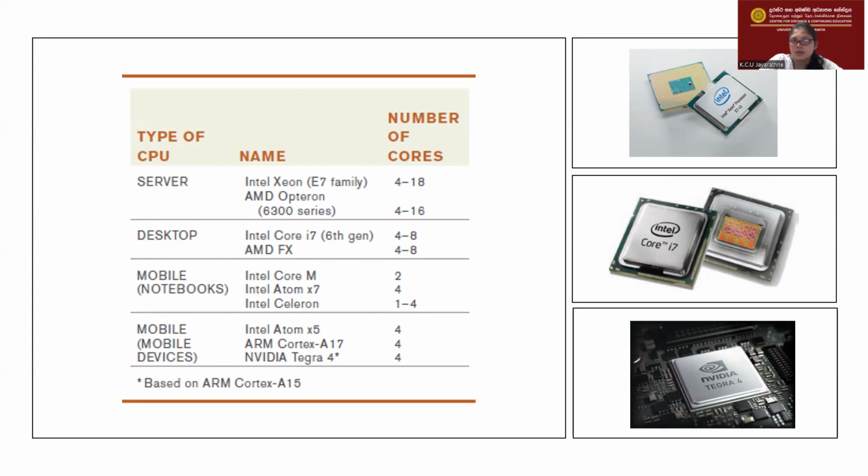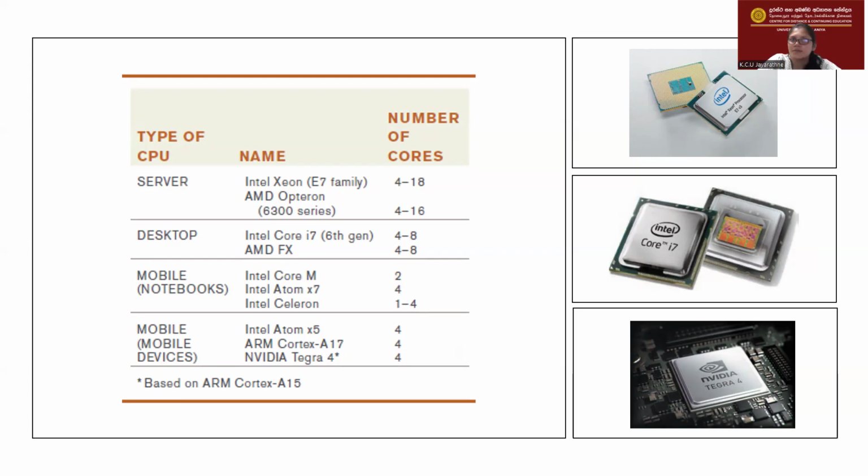So moving on, there are some types of CPUs: servers, desktops, and mobile devices. There are some names associated with the CPUs. The server CPU is the Intel Xeon E7 family, with 4 to 18 cores.